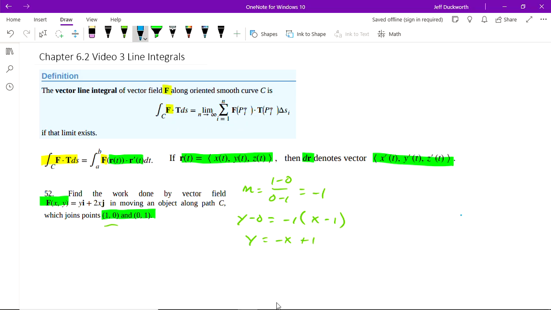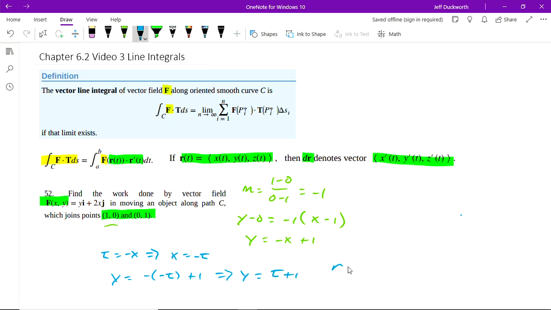Okay, so to change the parameter, if we let t equal negative x, that means that x is equal to negative t. And if we plug that into the other, then we have y equals negative (negative t) plus 1, which means that y equals t plus 1.